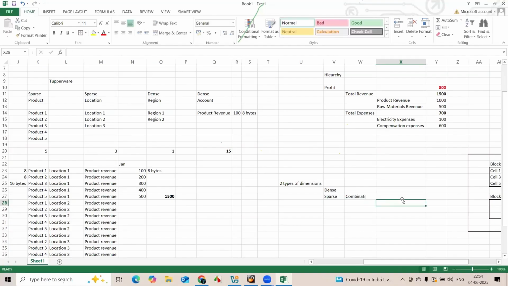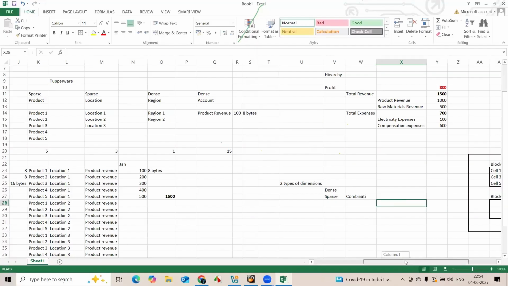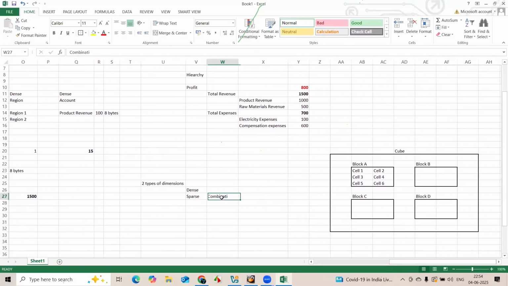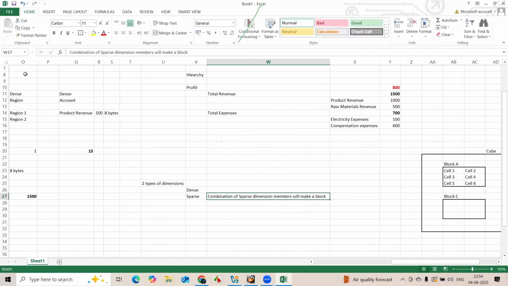What makes block A, block B, block C, and block D in our architecture is a combination of sparse dimension members. A combination of sparse dimension members will make a block.